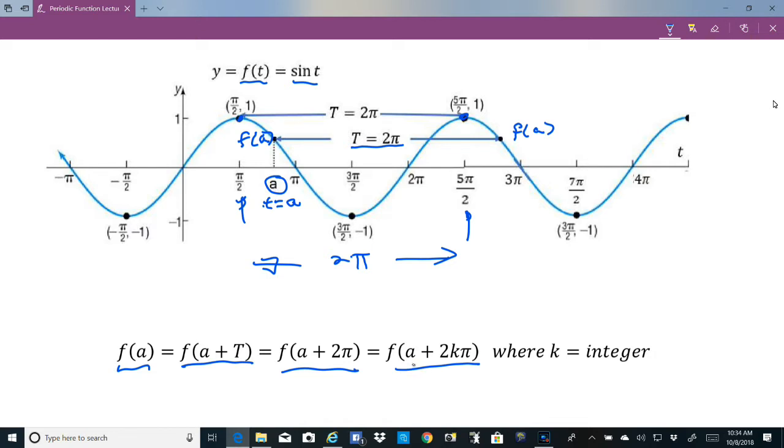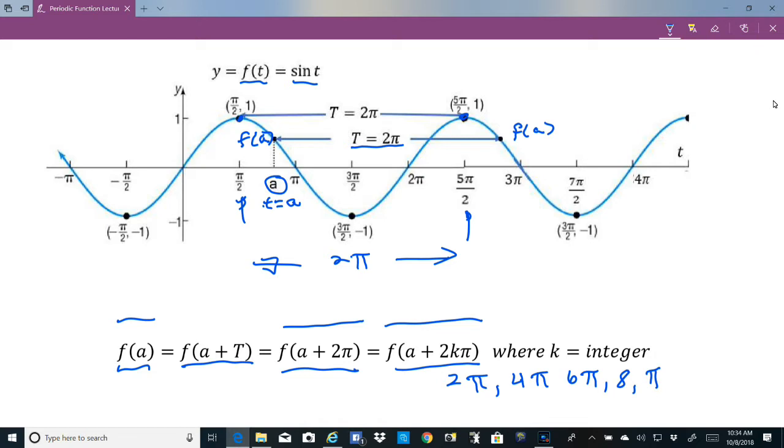So f of a plus 2 pi equals f of a equals f of a plus 2k pi. So it repeats in 2 pi, 4 pi, 6 pi, 8 pi.